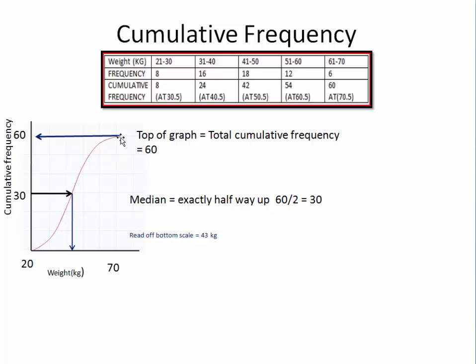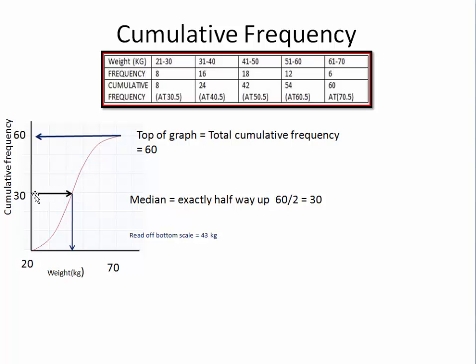Right at the top, we take a line across, or an arrow across, and this gives us our total for our cumulative frequency, this total here, which is 60. We divide 60 by 2, take our arrow across to the curve and go down, and this is our mean. Sorry, this is our median.